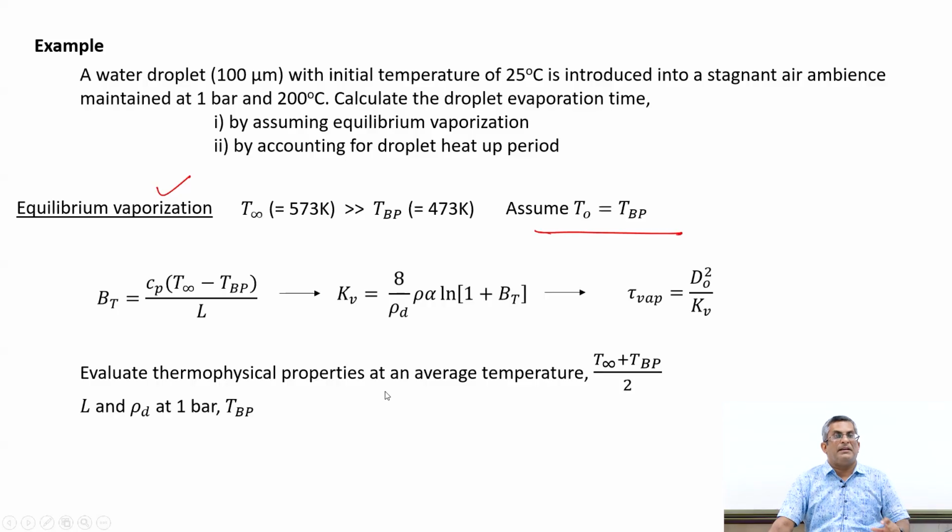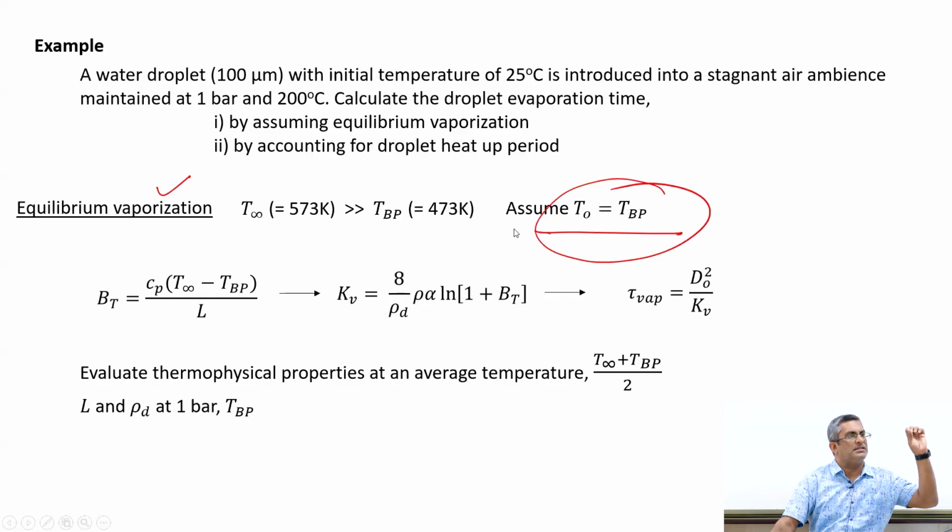But let me add one more problem that you should also solve. Now, in this case, you remove this assumption. Assume that you have equilibrium vaporization only. But if you don't assume this, then what should we do?